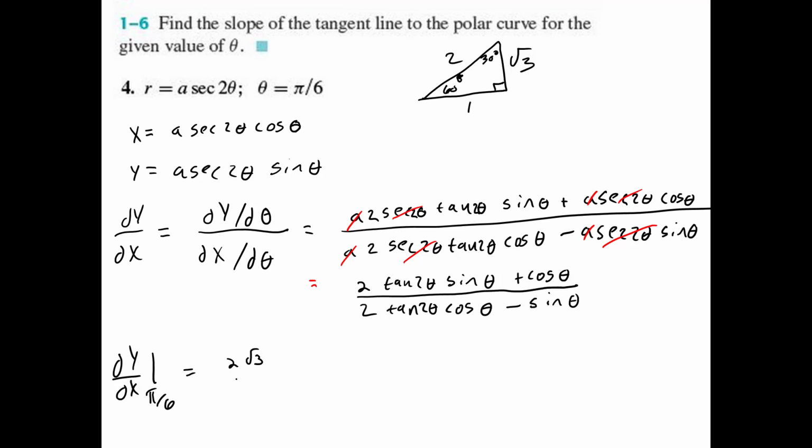Sine of 30 degrees is 1/2, plus cosine of 30 degrees, root 3 over 2.